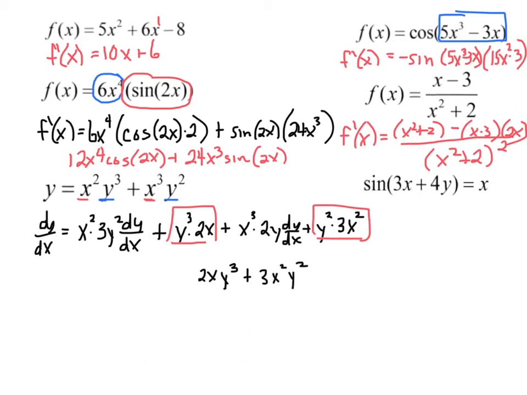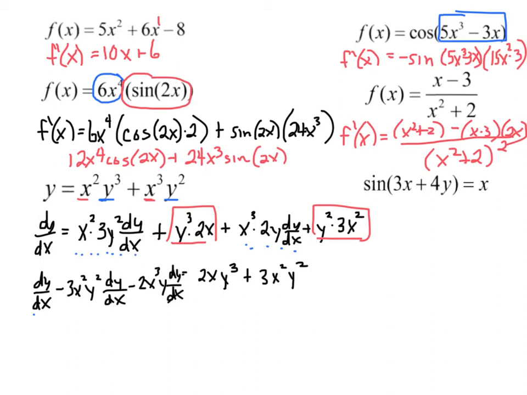So those two terms. And I'm going to pull everything else to the other side. So dy dx was already there. Then this term would be subtracted, as would this term, to the other side. So we'd have minus 3x squared y squared dy dx minus 2x cubed y dy dx, like that.